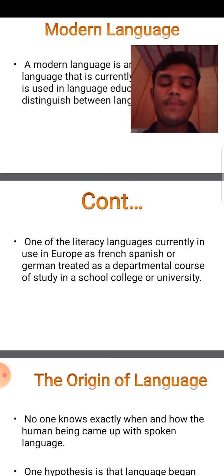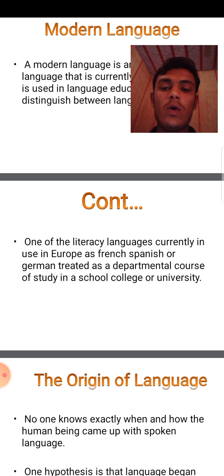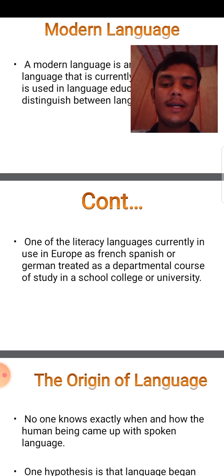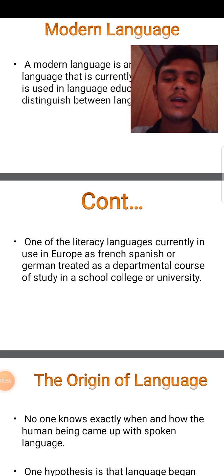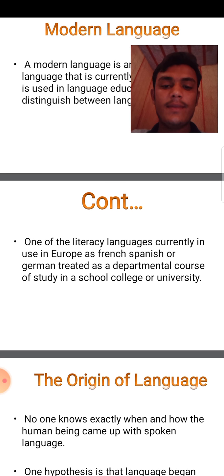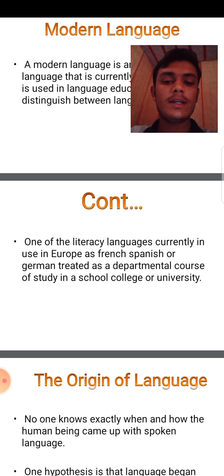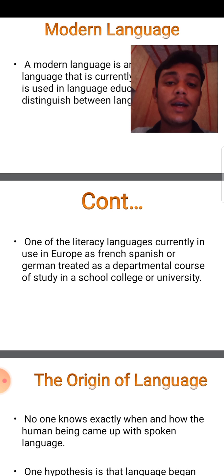Let's have a look at number 2 slide of modern language. One of the literary languages currently in use in Europe is French, Spanish, or German, treated as a departmental course of study in the school or college or university. The languages currently used in the world are French, Spanish, or German, and they are used departmentally in the study of schools and colleges.